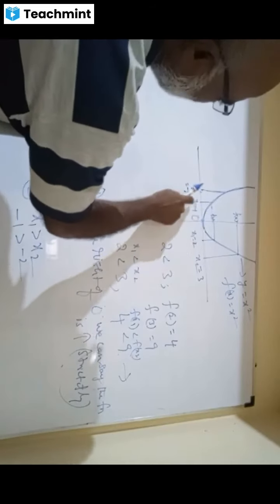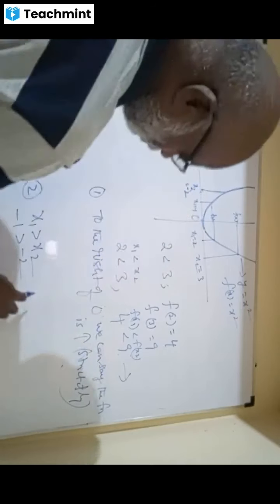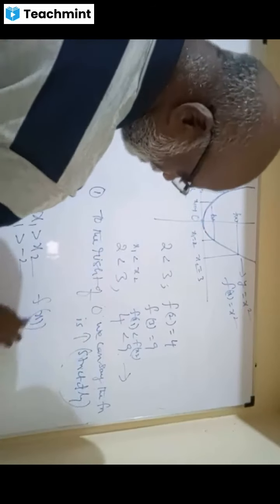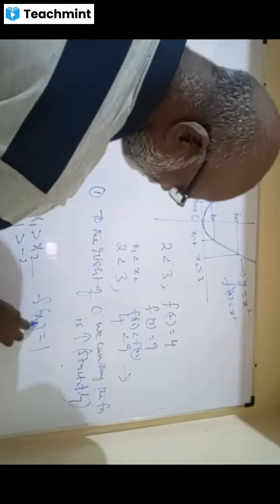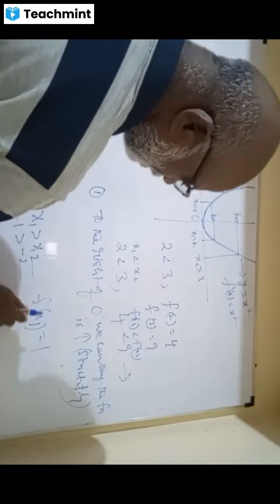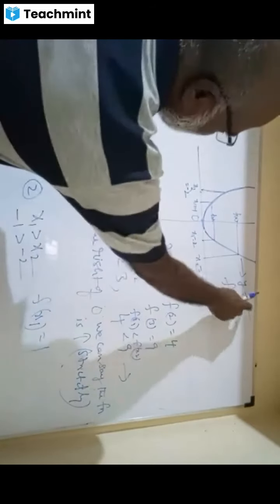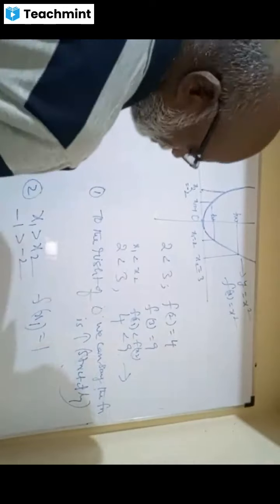Now put f of x1. F of x1 is 1, that is, f of -1 is 1 because of 1 square, right?